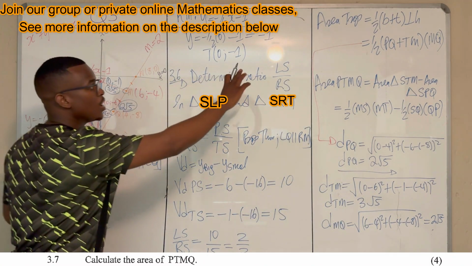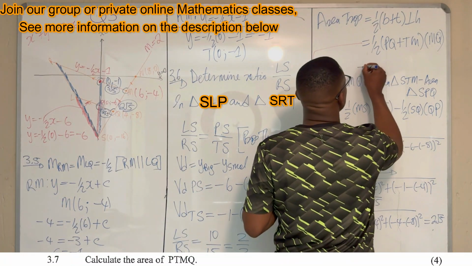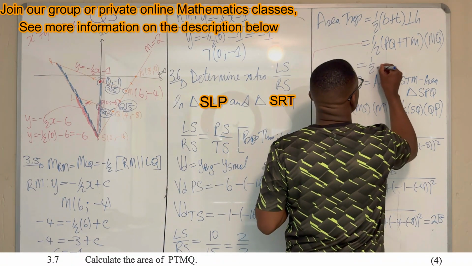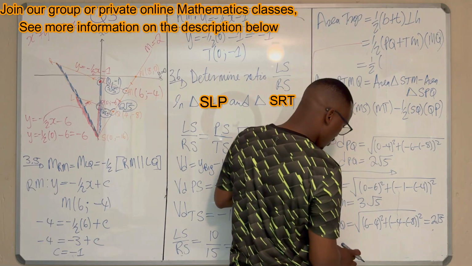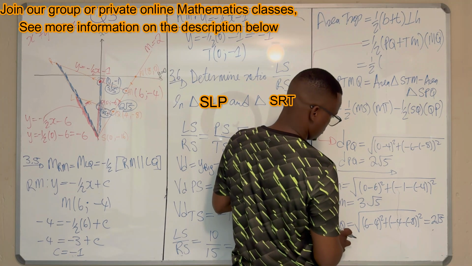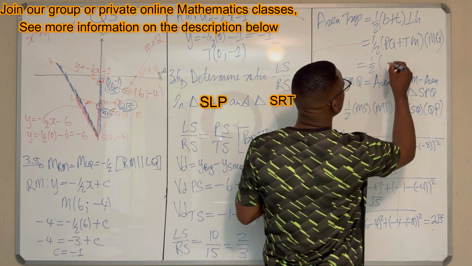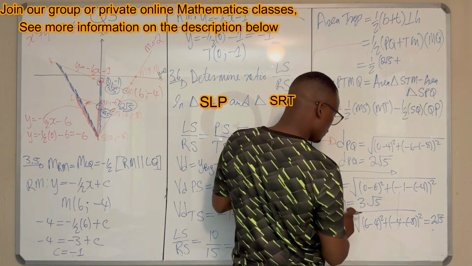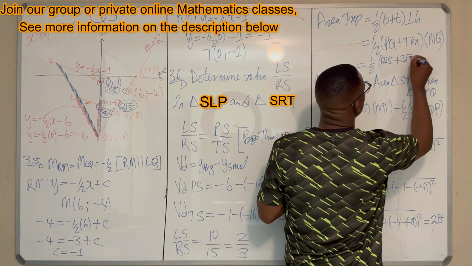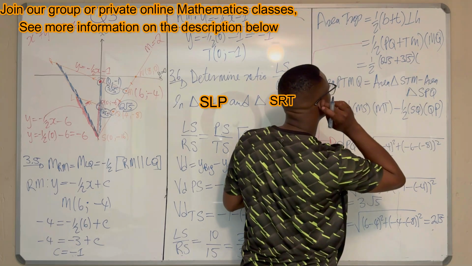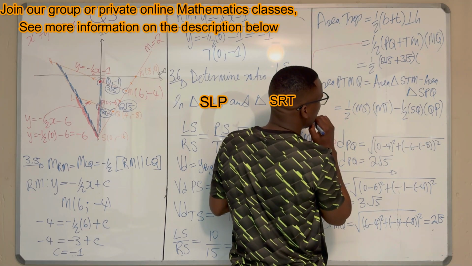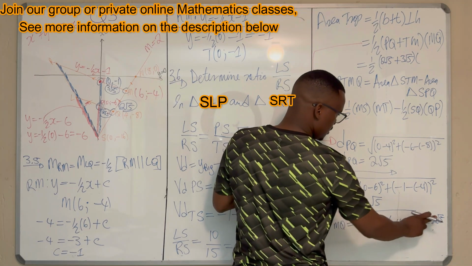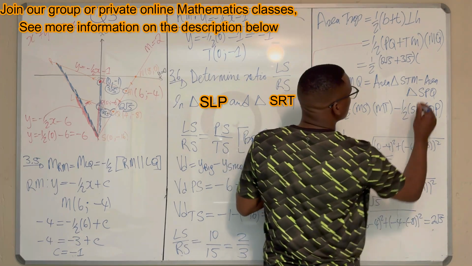So let's use our formula here. It's going to be half of PQ. What is PQ? Our PQ is equal to 2 root 5 plus TM, which is 3 root 5, times MQ, which is also 2 root 5.